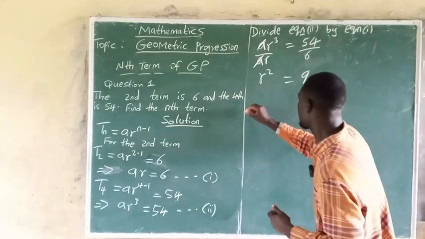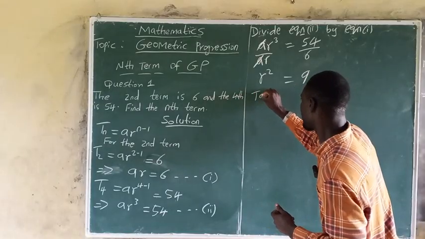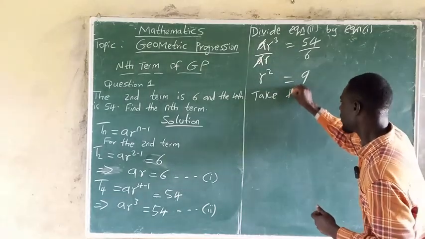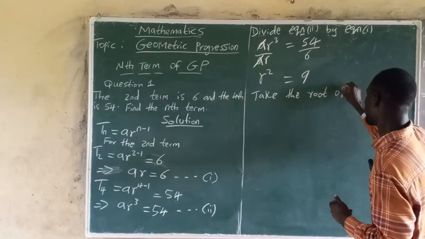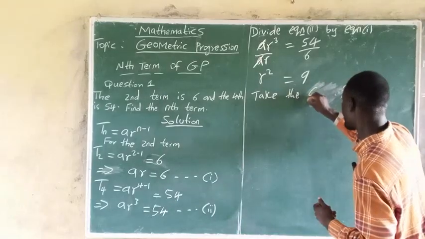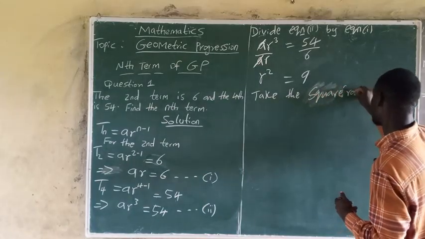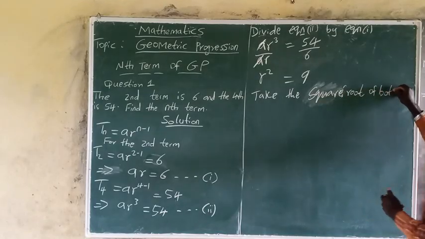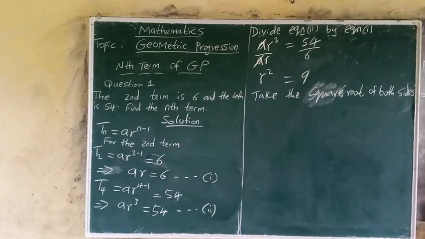Now, take the square root of both sides.